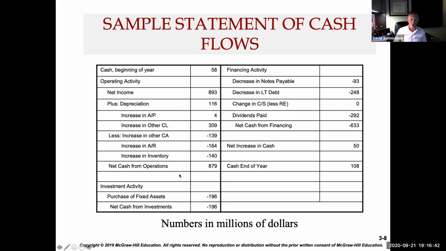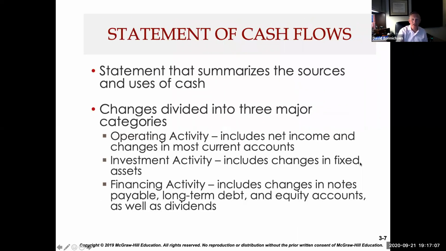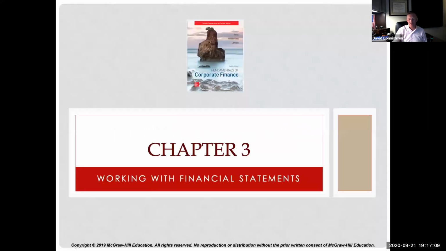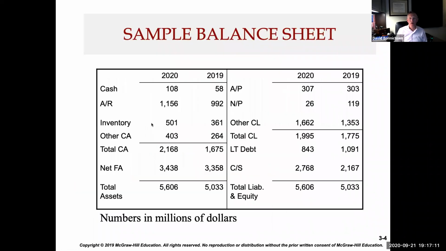So when we take $879 million of net cash from operations and subtract out $196 million of net cash from investments and take out $633 million from our financing activities, we get a net increase in cash of $50 million year over year. If we started the year at 58 and we add 50 to it, we end the year at 108 million, which happens to be exactly what is listed on the balance sheet for 2020.